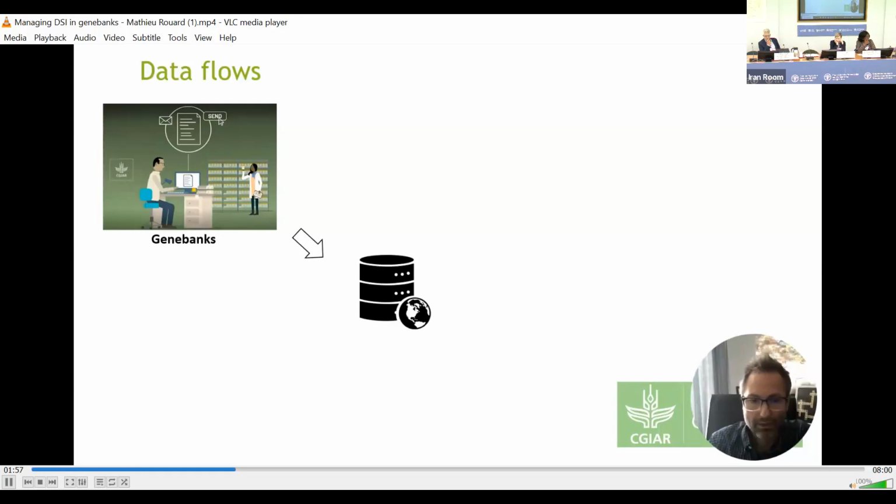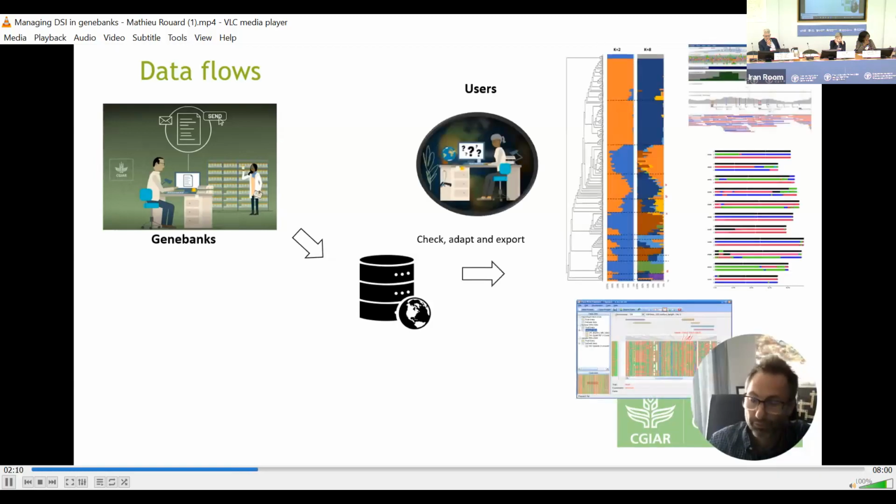Basically, what we need if we work in gene banks is to collect this genotyping data and send it to a system that would allow us to store and share the data for the users of the gene bank. That can be the gene bank itself, but also multiple labs in the world, breeders, farmers, and so on.